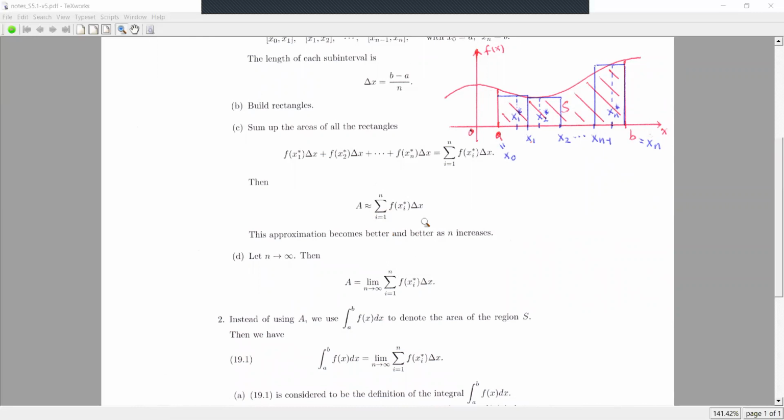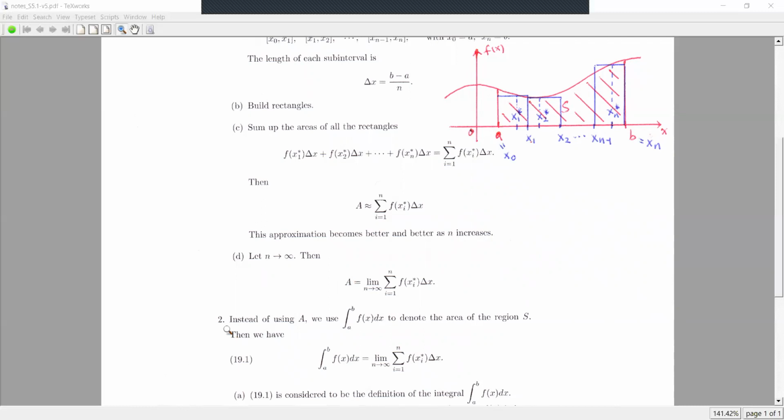The number is A, exactly A, the area of the region S. So take limit, then the area of the region is equal to the limit as n approaches infinity. This is a review of the 4 steps to compute the area of a general region.